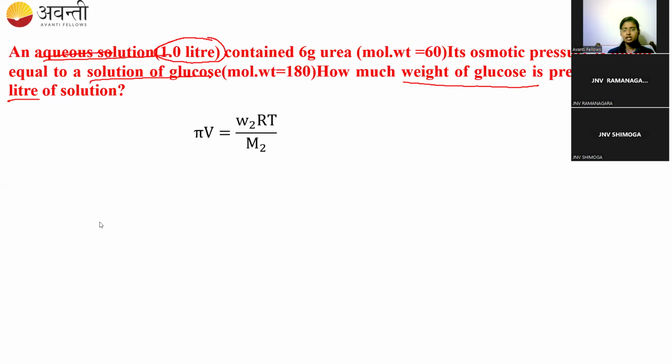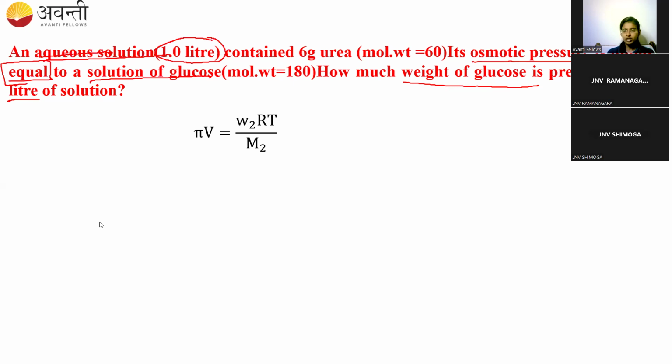If you see the molecular weight, urea is 60 and glucose is 180. Now both have the same osmotic pressure, found equal for both solutions.